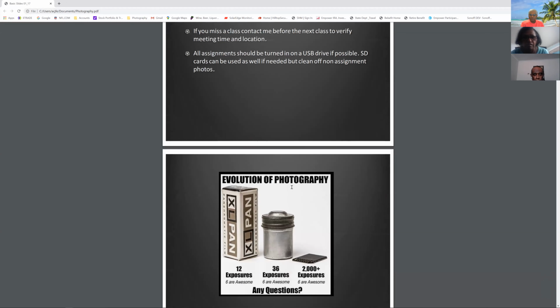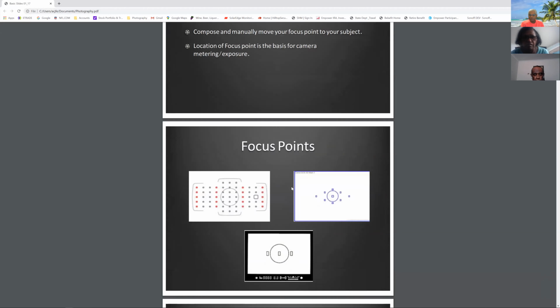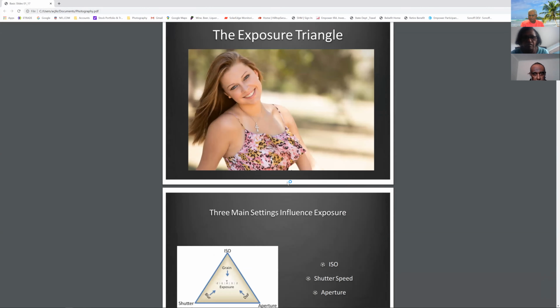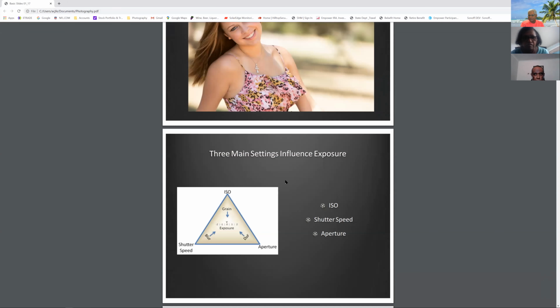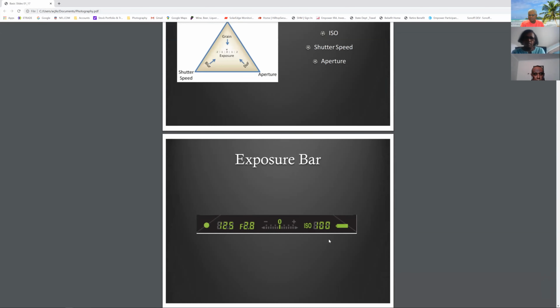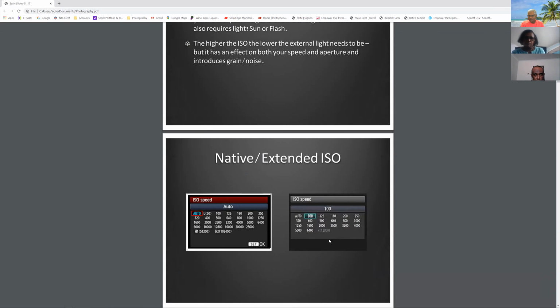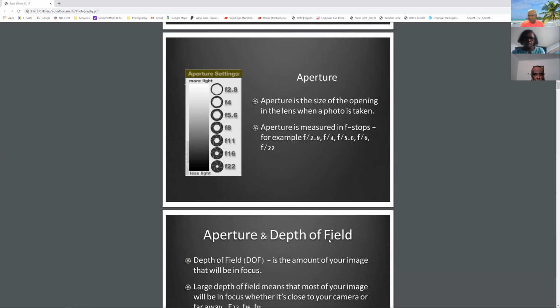So let's go through this one. We went through all these things last time, and basically the key thing that we had to concentrate on is three main settings: exposure, ISO, shutter speed, and aperture. I think we went through the ISO and aperture part.